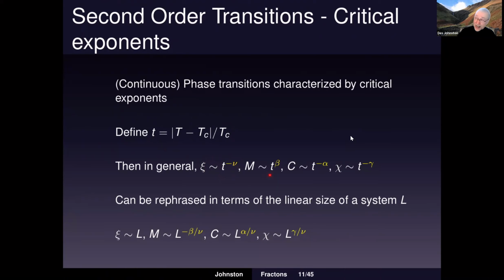The magnetization would vanish continuously with some exponent, again, that's determined by the transition. And things like the specific heat, that's the variance in the energy, would diverge with some exponent, and the magnetic susceptibility would diverge with some exponent. And there's various scaling relations that relate these exponents.